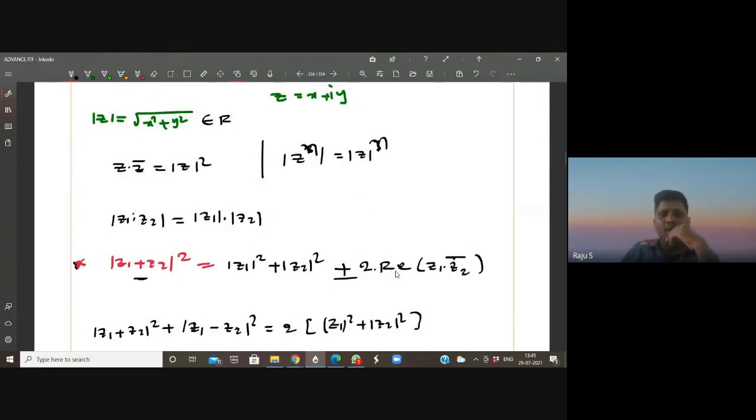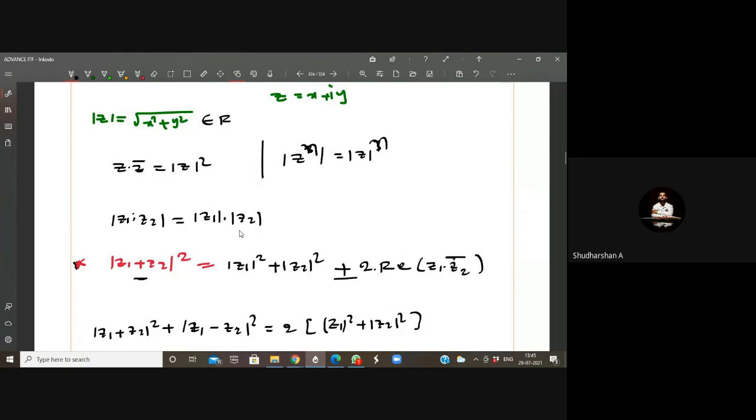Even if you get any doubts, you can take any two complex numbers, for example 1 plus i and 2 minus i. You can find the left side LHS value, you can evaluate the RHS value, then compare them. Surely both will be equal. Two times the real part of z1 z2 conjugate, sir?